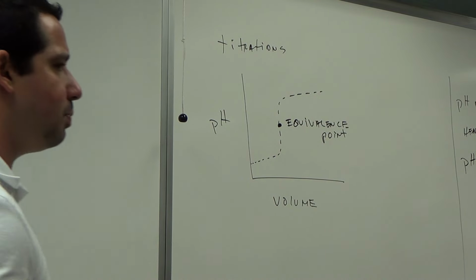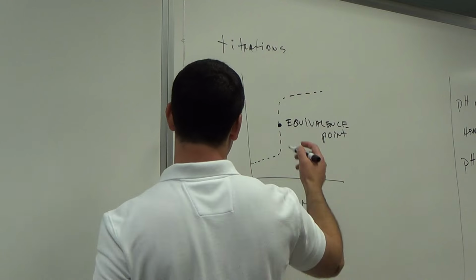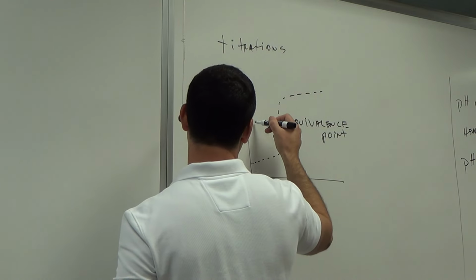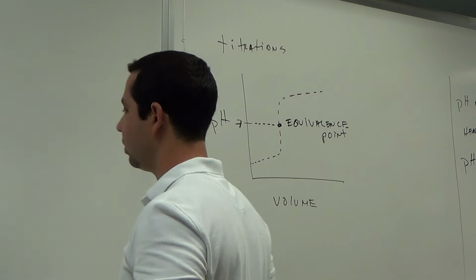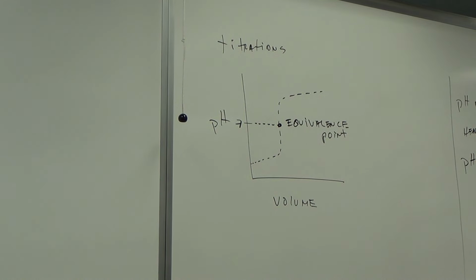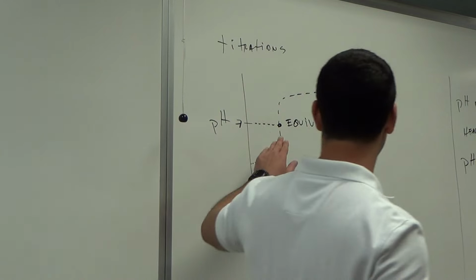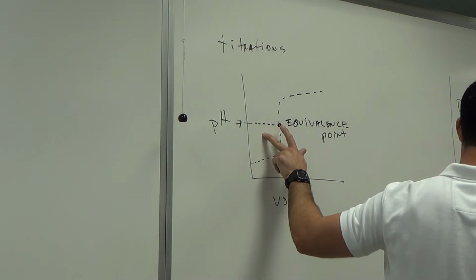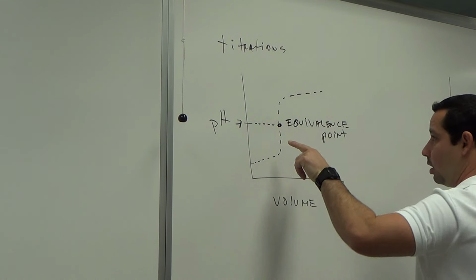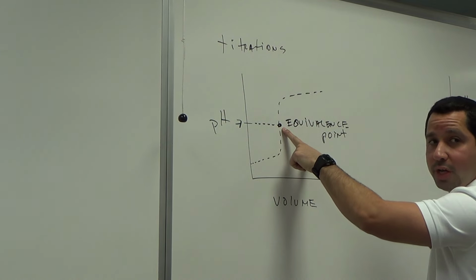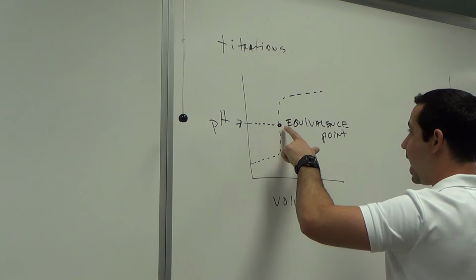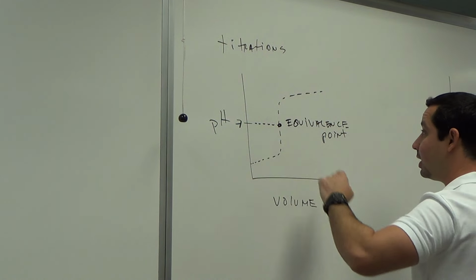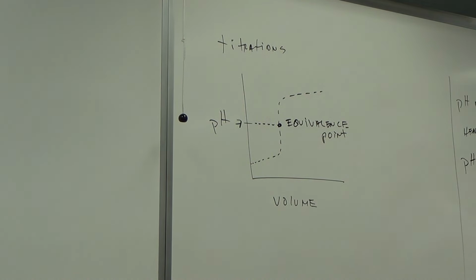Now, if that equivalence point happens to land on pH 7, you can tell something about the strength of the acid and the base. If it lands on pH 7, that means that the pH was neutral when you had equal amounts of both the acid and the base. So I had equal amounts and the pH is 7, which means that the conjugate acid must have been neutral and the conjugate base must have been neutral.